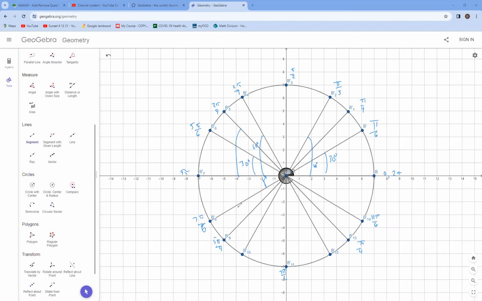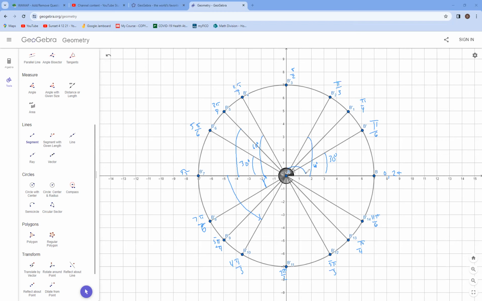Going out here from the x-axis 60 degrees, that's 3 pi over 3, so this would be 4 pi over 3. You're adding a pi over 3. Pi would be 3 pi over 3, right? Add another pi over 3 and you'll get 4 pi over 3. And this one is 5 pi over 3, the 300 degree angle.